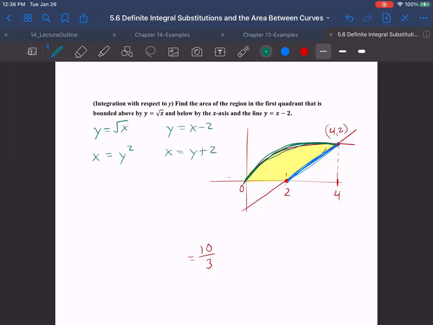And so your integral here would be from 0 out to 2, because that's the value there on y. So 0 to 2 of y plus 2 minus y squared dy. And that's the integral you would want to solve there from 0 to 2. And then you should get that same 10/3 of an answer again. Okay?